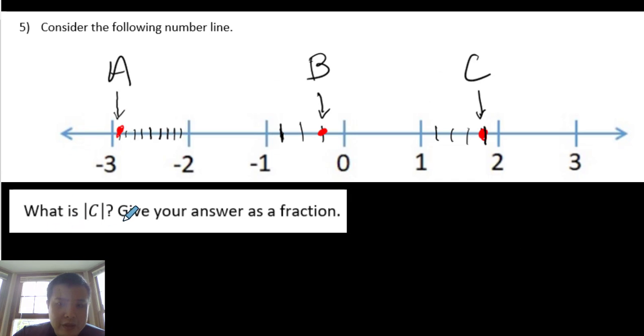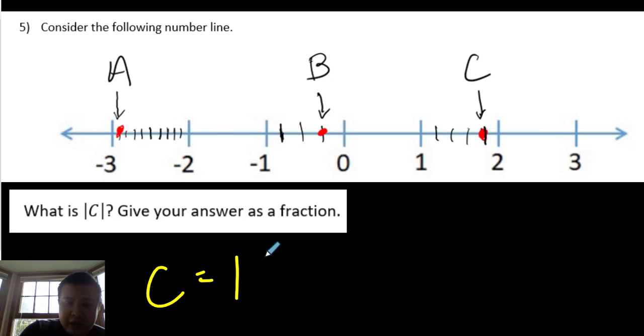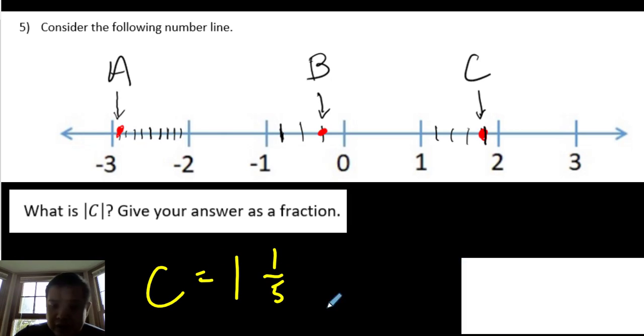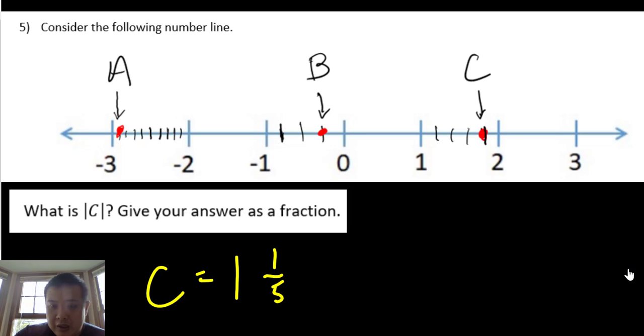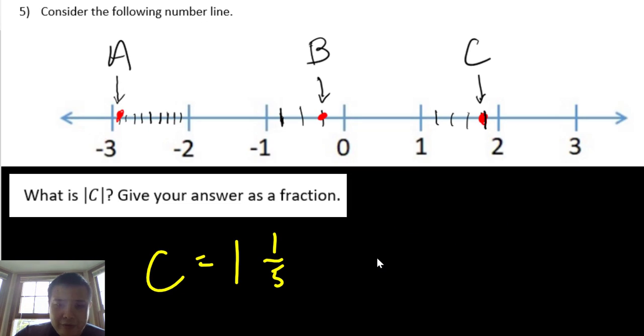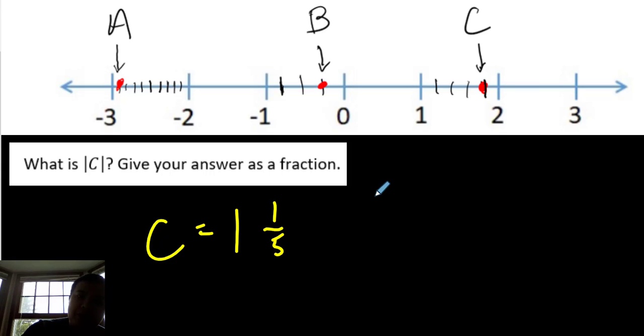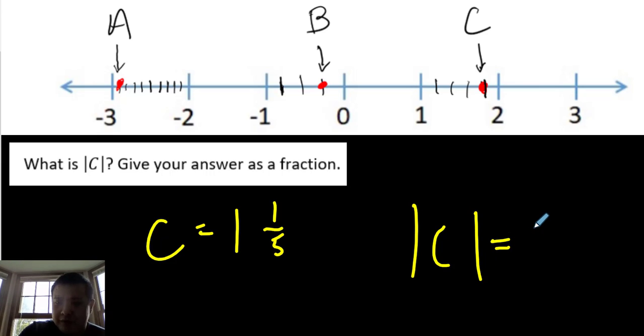Here we have to find the absolute value of c and give the answer as a fraction. And this part is split up into 5 equal parts, so therefore c equals 1 and 1/5. The next part, we have to find the absolute value of c, and the absolute value of c has to be the positive form, but it's already in positive form, so it's 1 and 1/5 again because it's already positive.